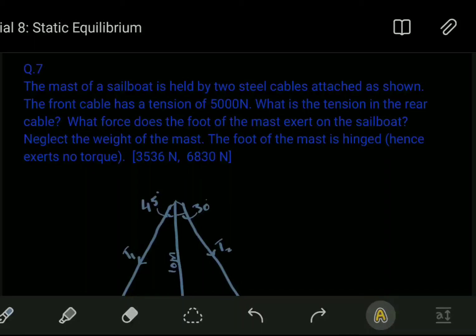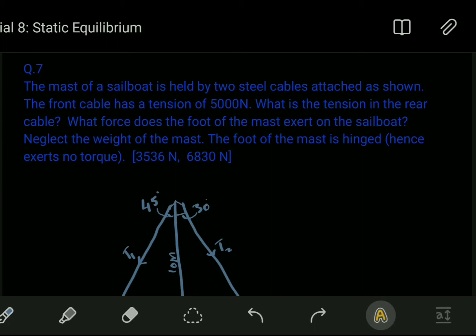Right, over to question 7. So for this system, we want to determine the tension in the cable. Okay, so we want to also find the force that the foot of the mast exerts on the sailboat.